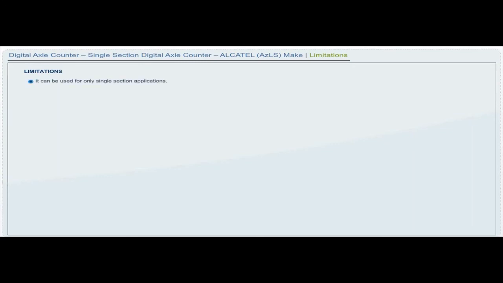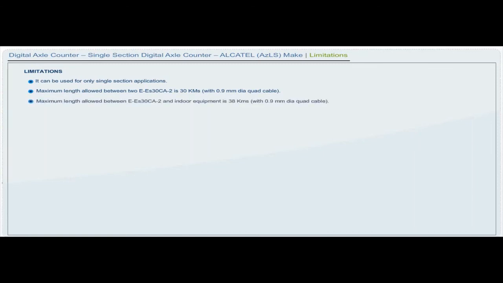Limitations. It can be used for only single section applications. Maximum length allowed between two EES30 CA2 is 30 kilometers with 0.9 mm diameter. Maximum length allowed between EES30 CA2 and indoor equipment is 38 kilometers with 0.9 mm diameter quad cable.